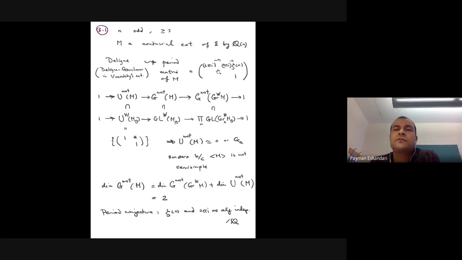It's a power of 2 pi i to the minus n coming from this Q(n). Remember Q(-1), the period was 2 pi i, and for Q(n), the period will be 2 pi i to the minus n, and this is contained in M. If you take your bases nicely, then you're going to get this 2 pi i to the power of minus n in this entry, which comes from there. And there's a 1 here.